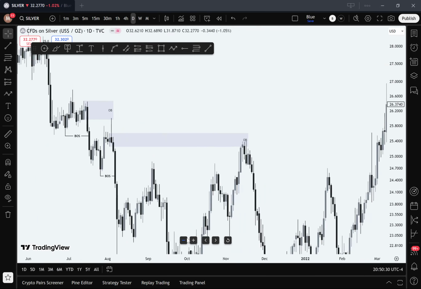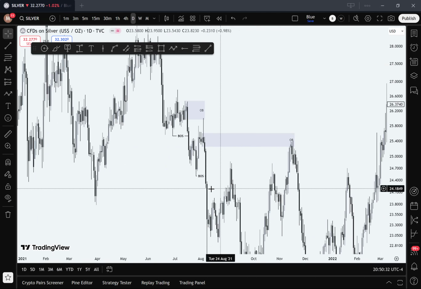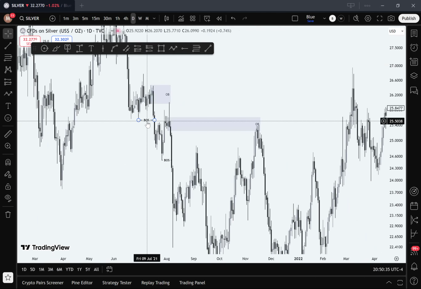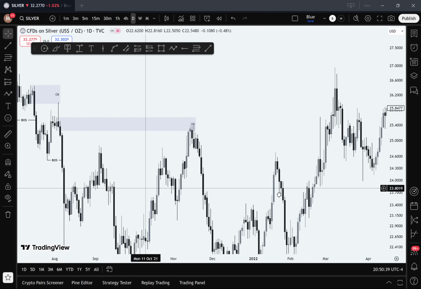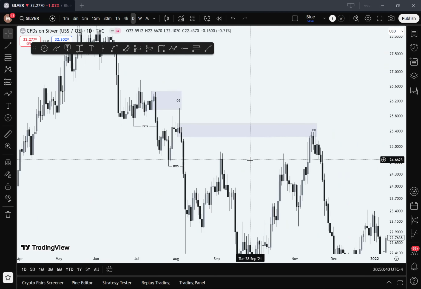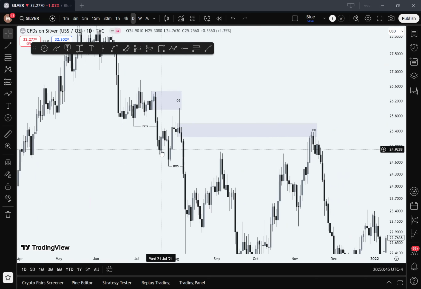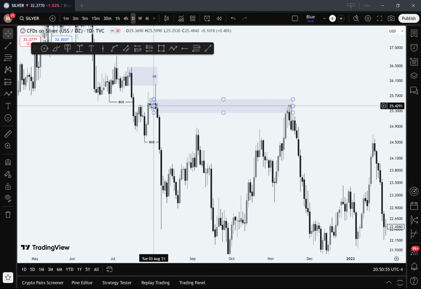Okay. And so we have a break of structure right here. And as you can see, anytime that I've marked an order block, right from that order block, there was an energetic move downwards to break structure right here.